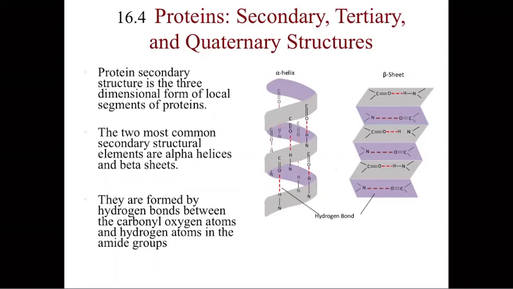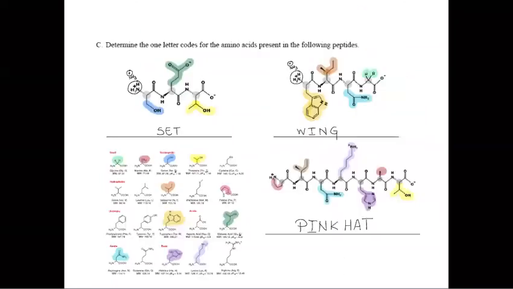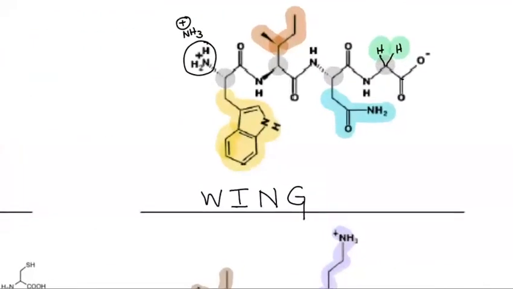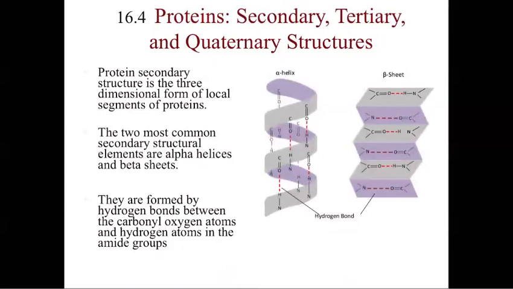We already saw in their structures that in the backbone, we're going to have carbonyls and a nitrogen atom that has a hydrogen. The secondary structure is the 3-dimensional form of local segments of proteins, with hydrogen bonds that happen between the carbonyl oxygen atoms and the hydrogen atoms in the amide groups, in the backbone.